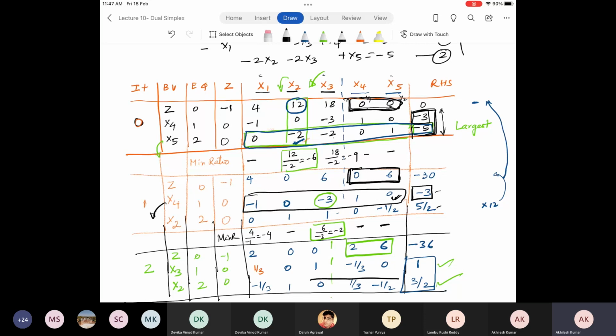Dual. Why so lamely? Okay, hands up for dual simplex. Raise your hand.